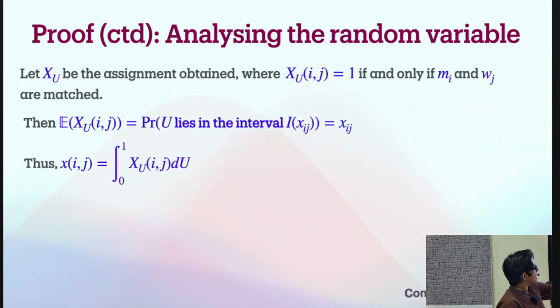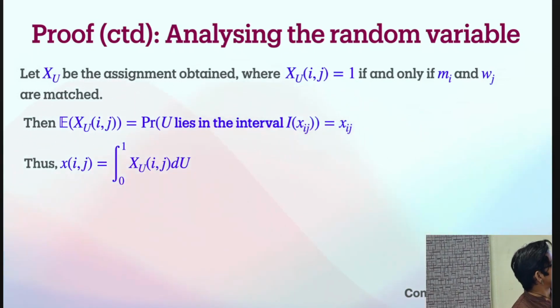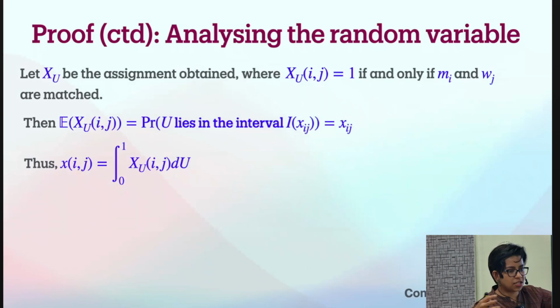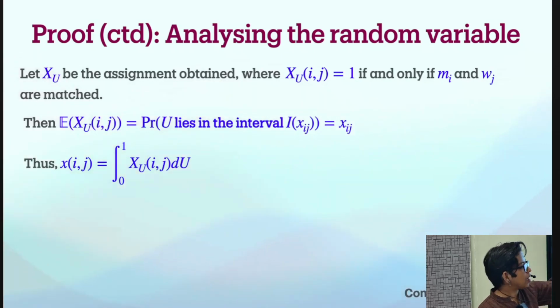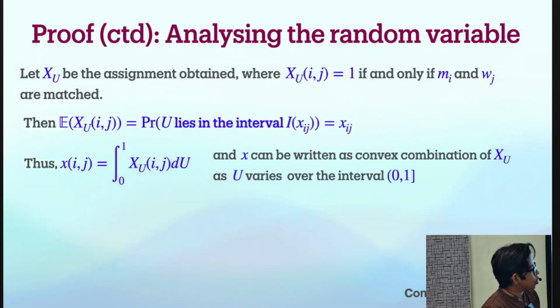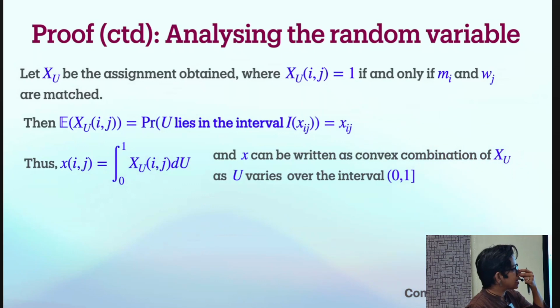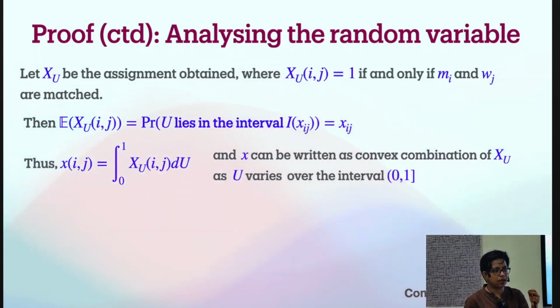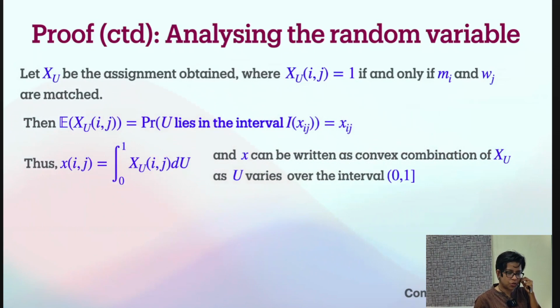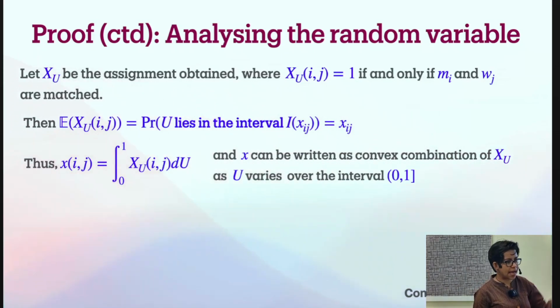So, if I look at this value, it is basically just integrating over the entire range, which was 0 to 1, and this indicator value. Okay. So, this allows us to write X as a combination of this X_U values as U varies on the interval 0 to 1. This may be not that easy to visualize, but this is what the math at least tells, right?